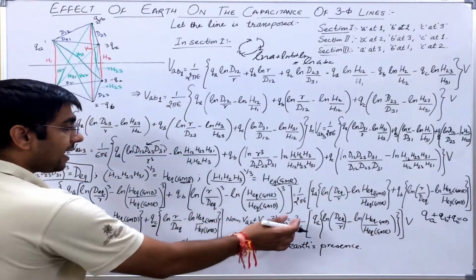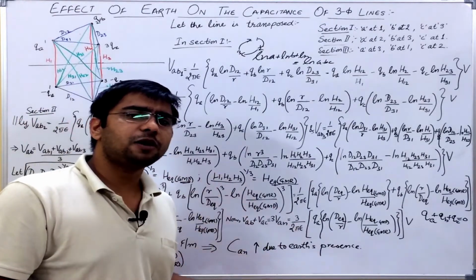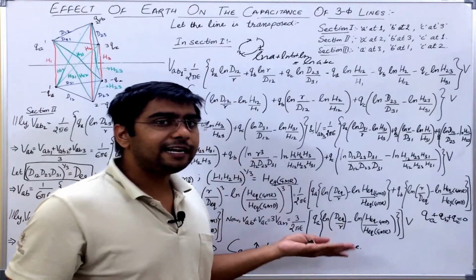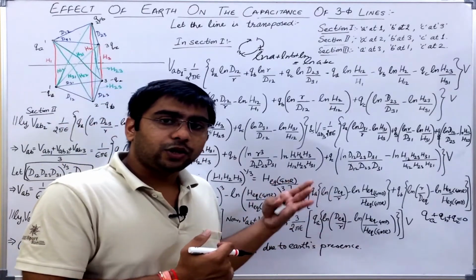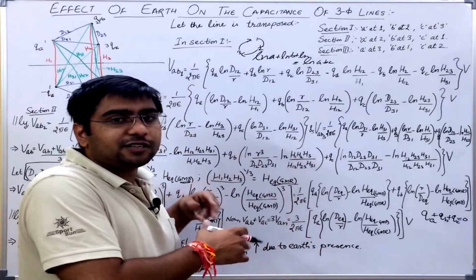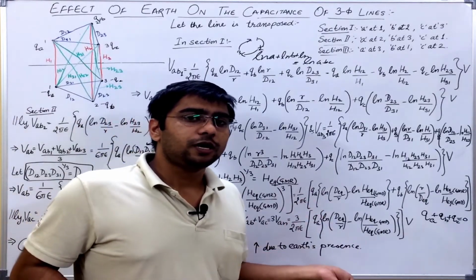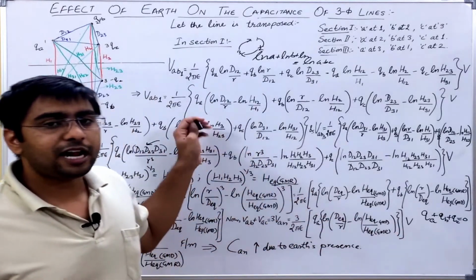In this way I will get this 3 outside. This thing we have done so many times in our previous videos, so there is nothing difficult in writing this expression. If you try to derive it yourself after studying this video, then you will find that it is just a repetition of all the steps which we have done in our previous videos. So it will be very easy to remember the formula even after deriving this.